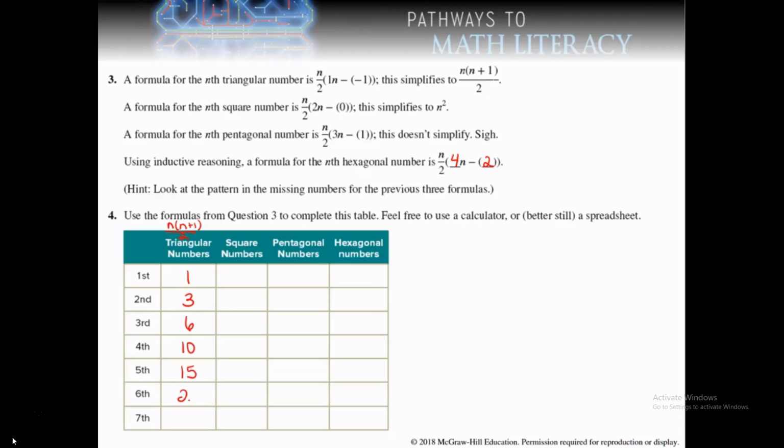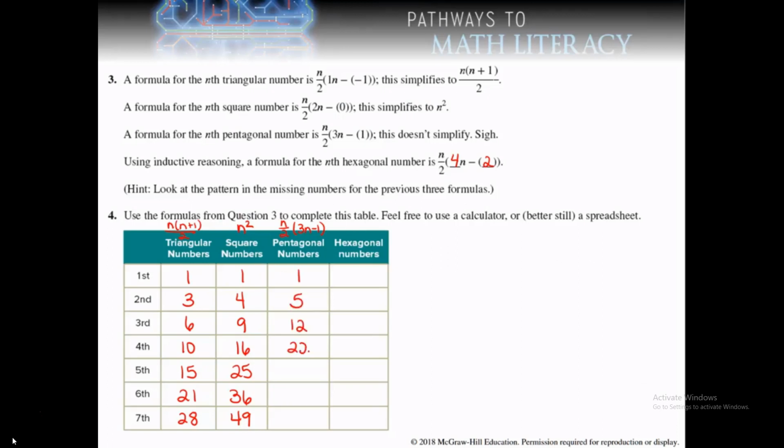And then the formula for square numbers after it got simplified is n squared. And so those would be 1, 4, 9, 16, 25, 36, and 49. The pentagonal numbers, it doesn't simplify. We've got n over 2 times the quantity 3n minus 1. And so those numbers end up being 1, 5, 12, 22, 35, 51, and 70.